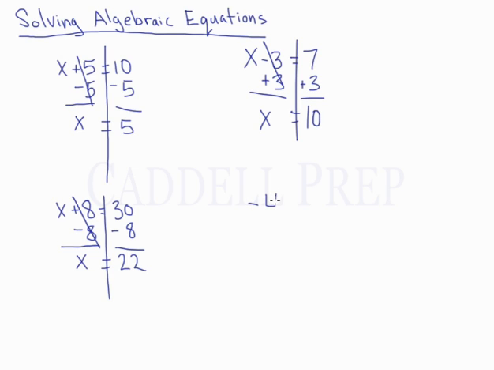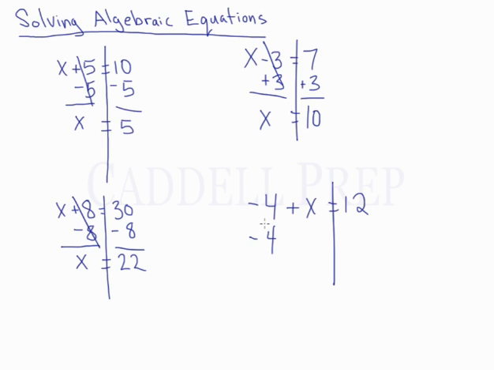And also we'll do -4 + x = 12. Alright, so here you may look at this and see that this is negative 4 plus x. So to get rid of the negative 4, we should subtract the negative 4.